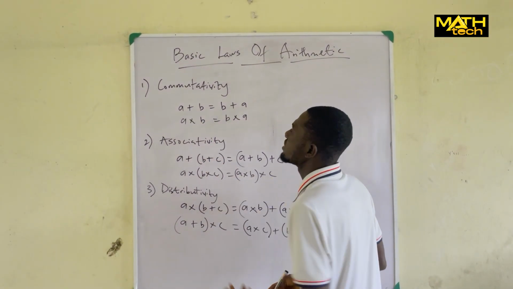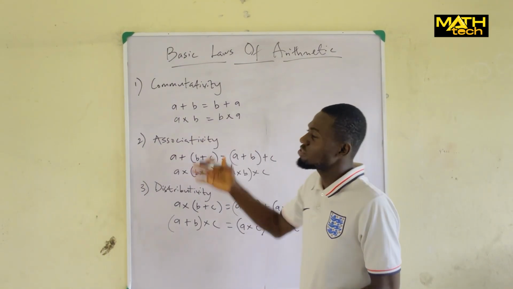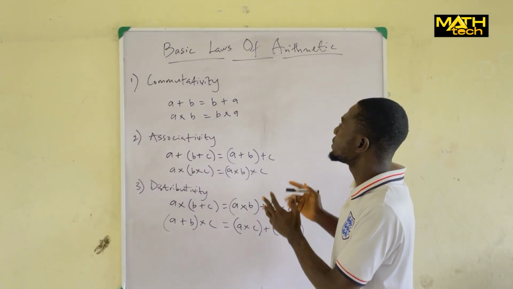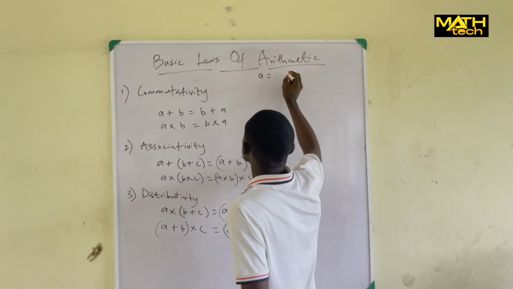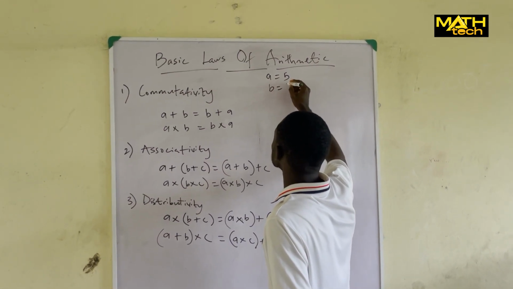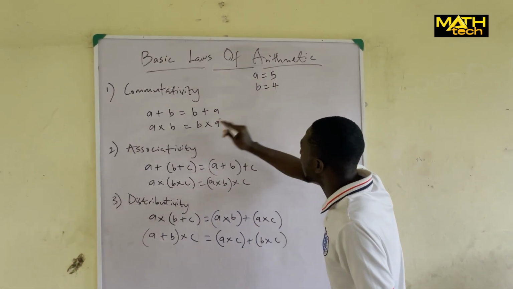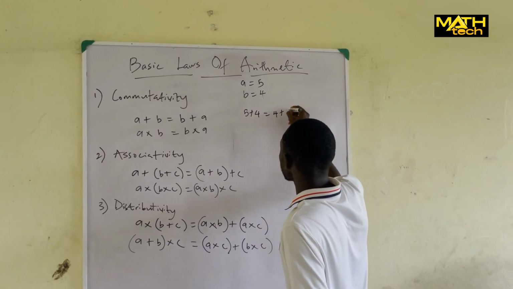A plus B is same as what? B plus A. And A times B is same as what? B times A. Now let's use for instance that our A is equal to 5 and our B is equal to 4. Now 5 plus 4 is equal to 4 plus 5.